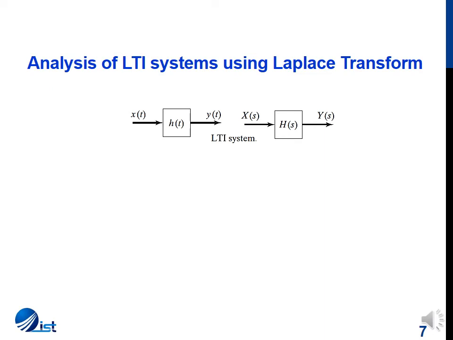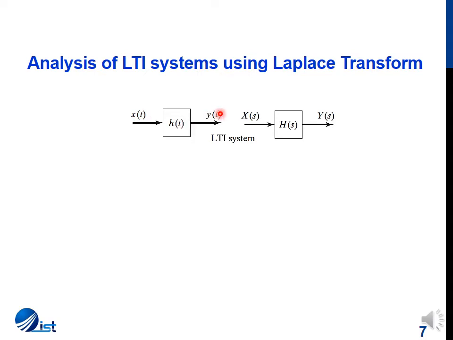So Laplace transform is going to be used as a tool to analyze LTI systems. For an LTI system, we know that if an input x of t is applied to the LTI system and we get the output y of t, then the system is governed by its impulse response h of t. So whenever x of t is convolved with h of t, we get our output y of t.